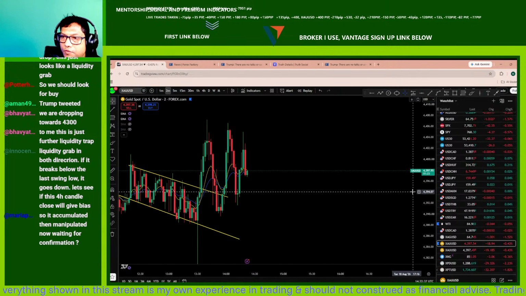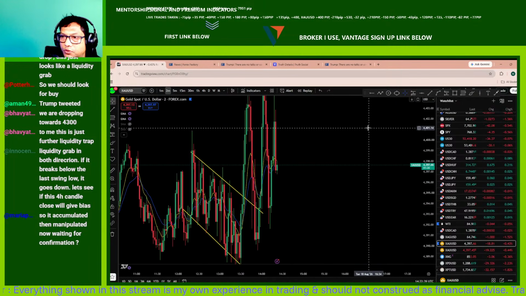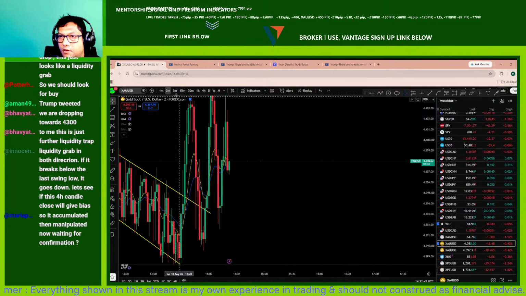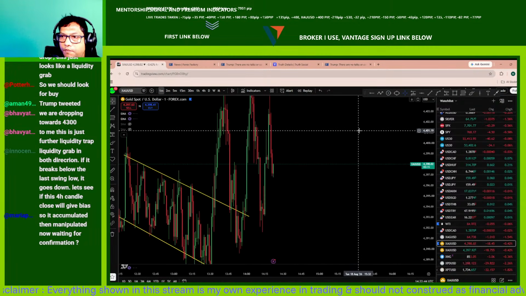Along this area, there is again another breakout structure.